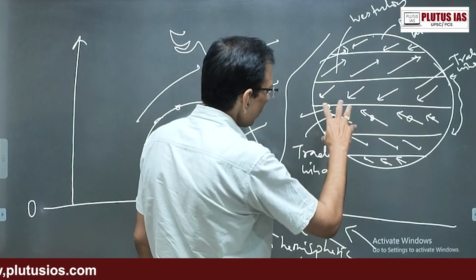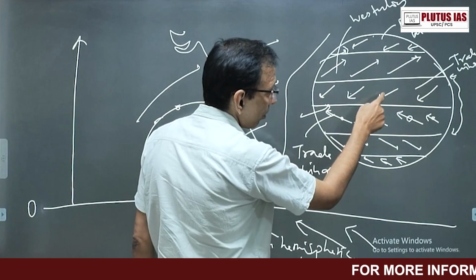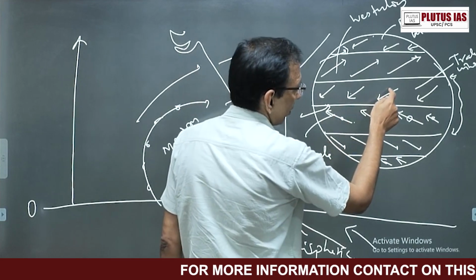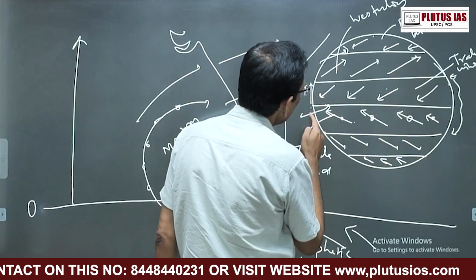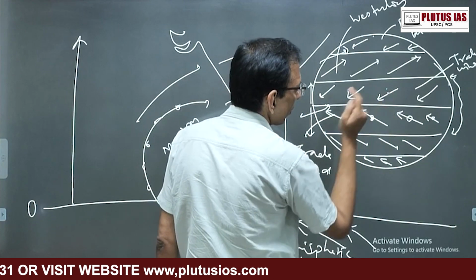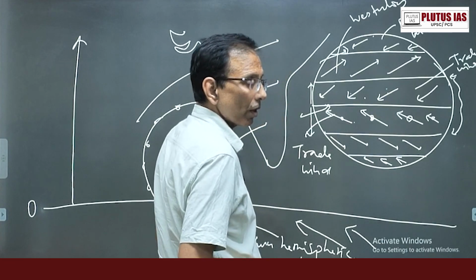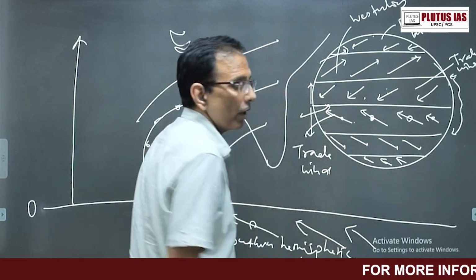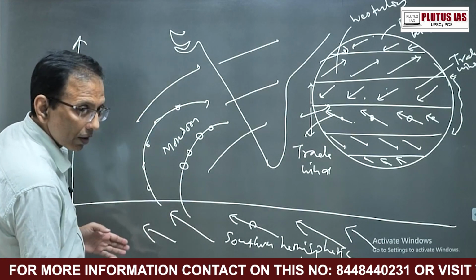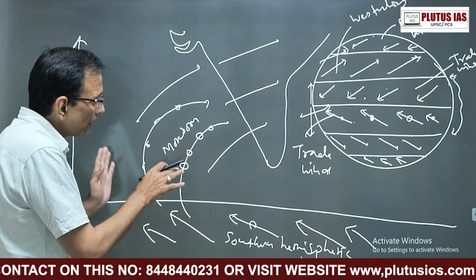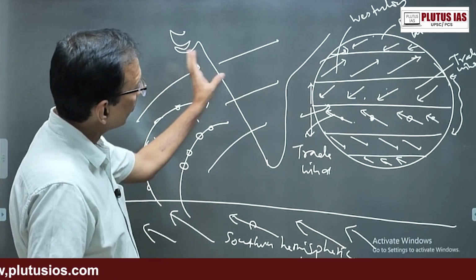So if you put yourself in the tropical region, you have two types of wind, that is the trade wind of the northern hemisphere, north of the equator, and the trade wind of the southern hemisphere. When the trade wind of the southern hemisphere comes to the northern hemisphere, turning its direction, it will be named as monsoon.